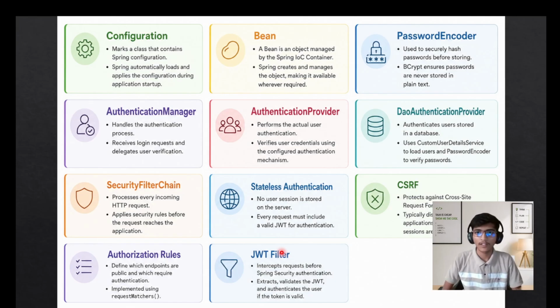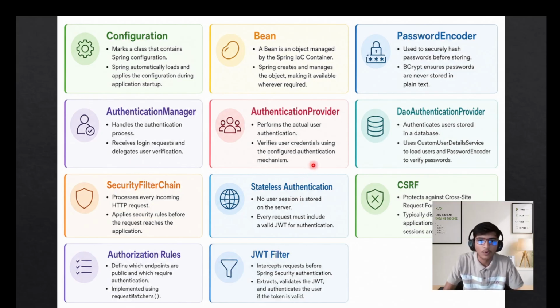Then finally, we will register our JWT authentication filter. This filter will execute before Spring Security's default authentication filter. It will extract the JWT from the authorization header, validate it, and authenticate the user before the request reaches our controller.